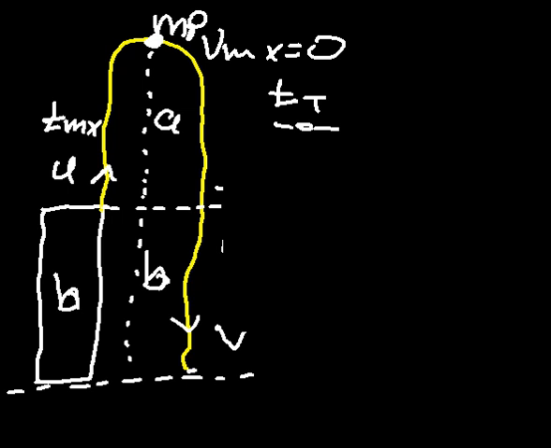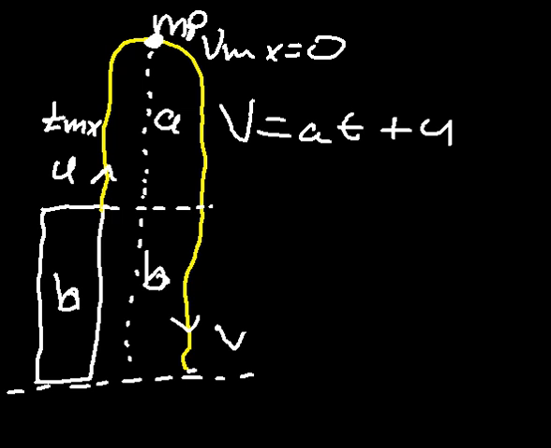And how else can we get the t total? Of course, before I go for another expression that can help you get the t total, let me also express how we can get the final velocity, which is this one. So the final velocity can be calculated using the formula v is equal to at plus u.